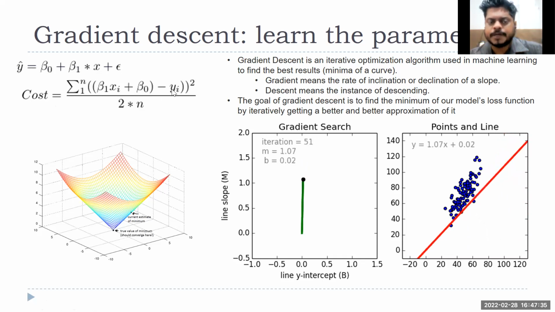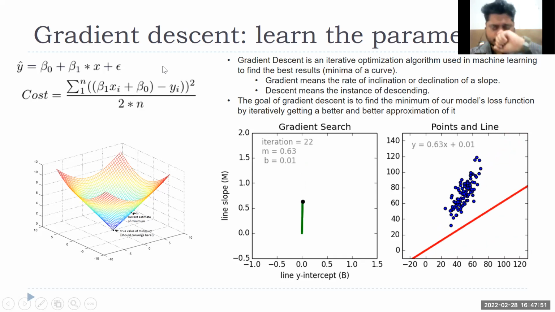So if my actual value is yi, and my predicted value is beta 1 xi plus beta 0, I take the difference, take the square, and divide by n, that becomes my mean square error.